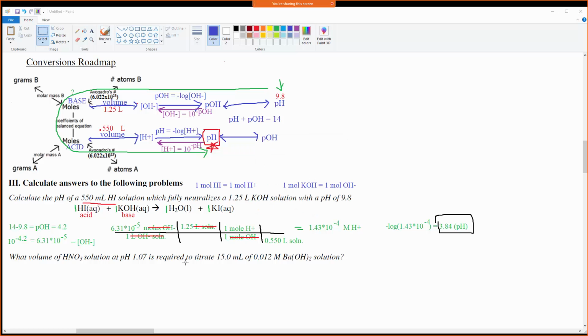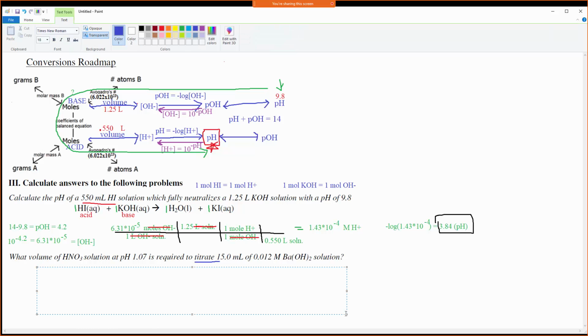If you use the word titrate or you see the word neutralize or react with, all of these mean the same thing. So titrate is the same as neutralize perfectly, is the same as react with, and so on and so forth.